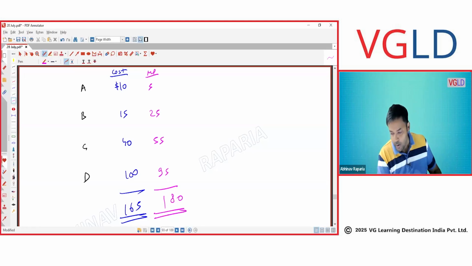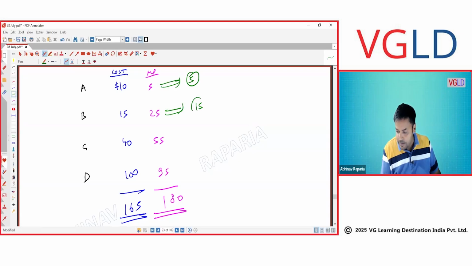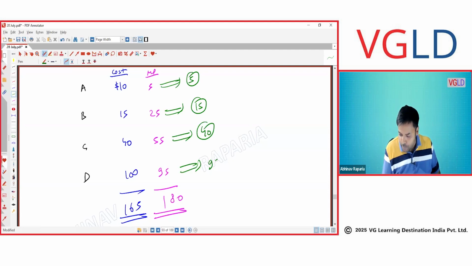No. We are not going to look on a total basis. We are going to go item by item. That means 5 here, that means 15 here, that means 40 here, 9. Is my point clear? Not on a total basis. Clear?